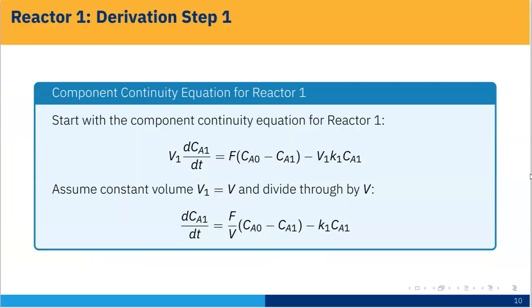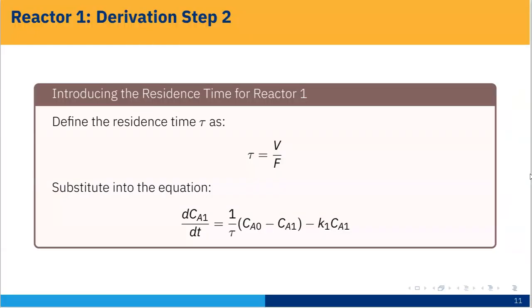Now for the component continuity equation for reactor 1, we have V1 dCA1/dt is equal to F (CA0 minus CA1) minus V1 K1 CA1. If I divide by V1, and we know V1 is equal to V, the equation becomes dCA1/dt is equal to F/V (CA0 minus CA1) minus K1 CA1.